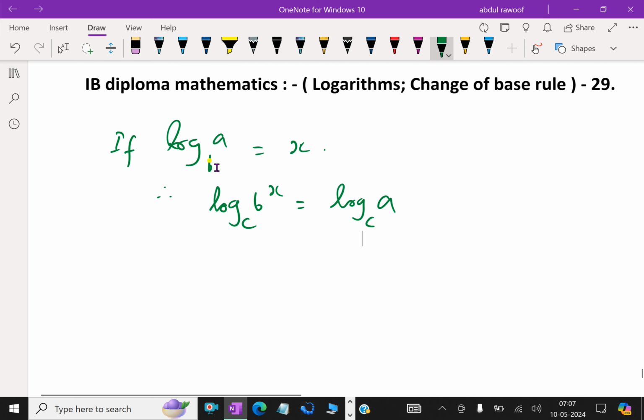Look at here, b power x equals a. From this you can say b power x equals a. Then taking log both sides with base c, that is log b^x base c equals log a base c.